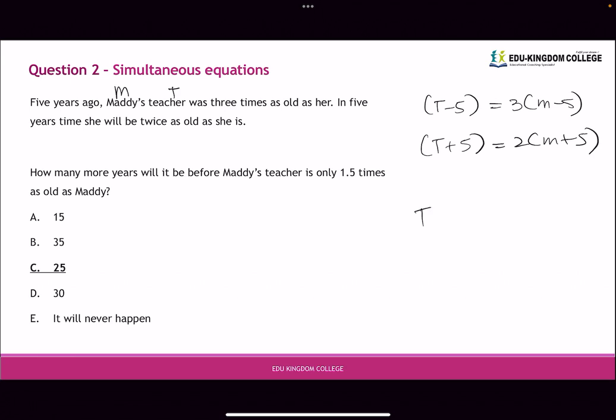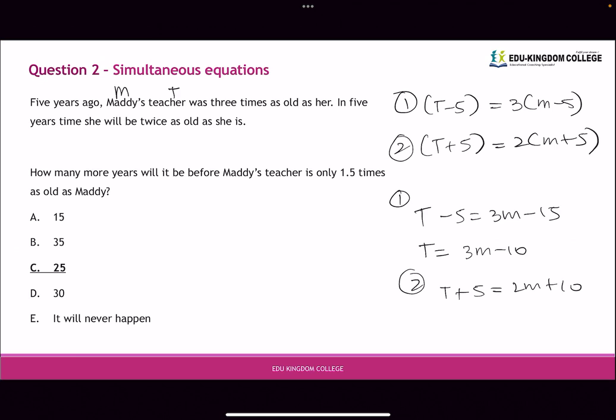So t minus 5 equals 3m minus 15. So this is our first equation here. So t equals 3m minus 10. Now in the second equation, t plus 5 equals 2m plus 10, so t equals 2m plus 5.